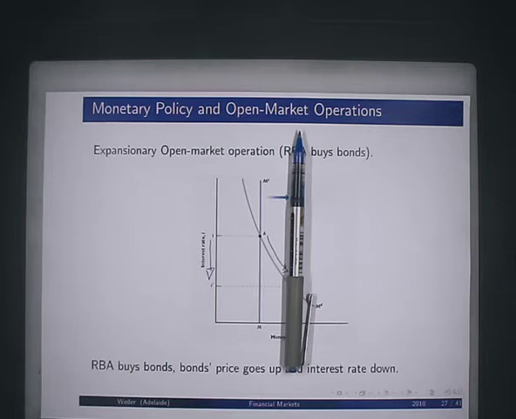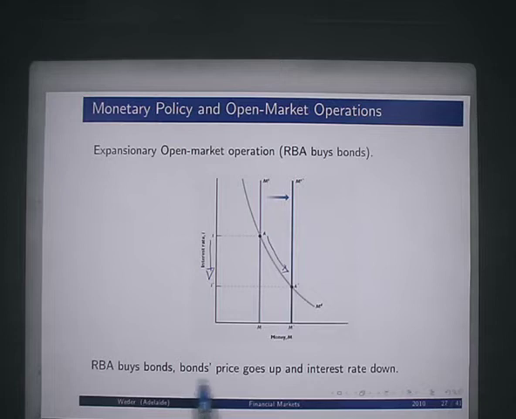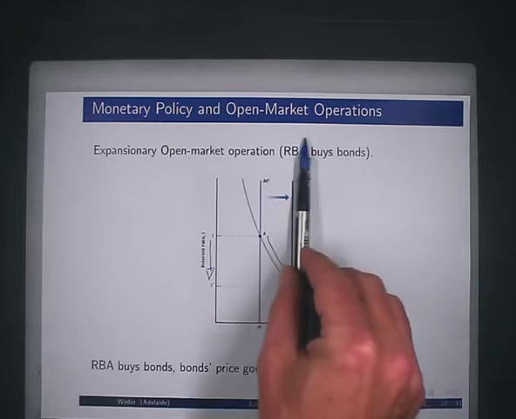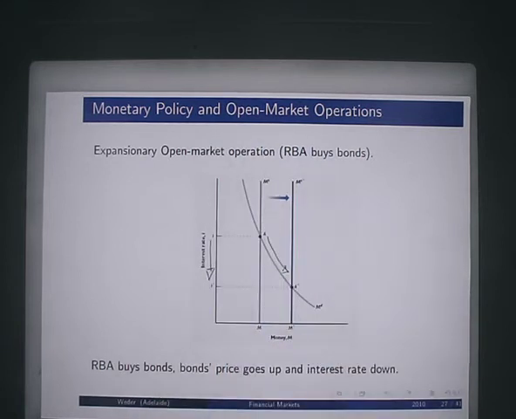With more bonds, it would be harder for the government to issue these, because there's more in circulation, so they have to pay a higher interest, otherwise people would not buy them. So the bond price goes down and the interest rate goes up. Okay? So if we have a contractionary open market operation, everything of course goes in the other direction.